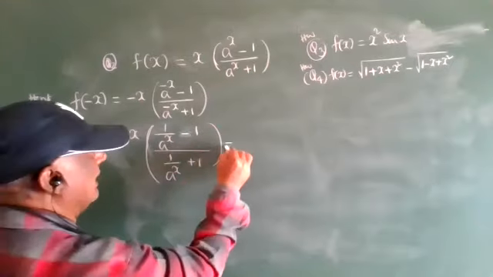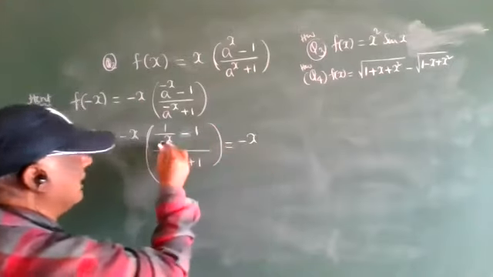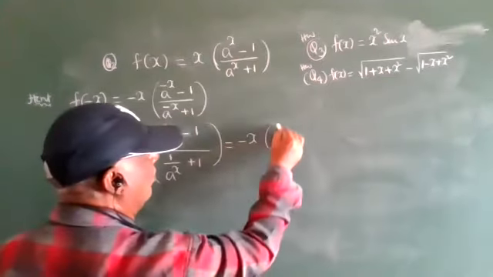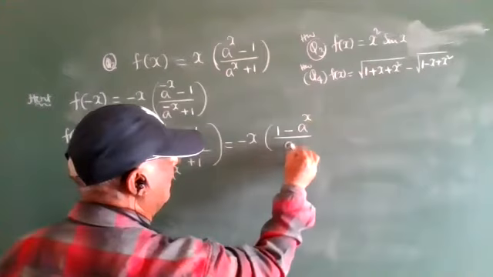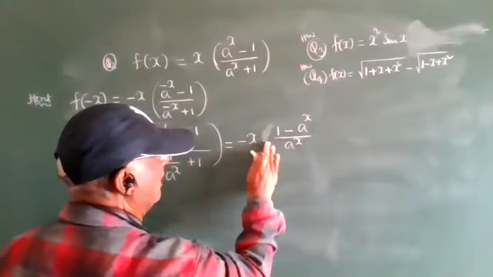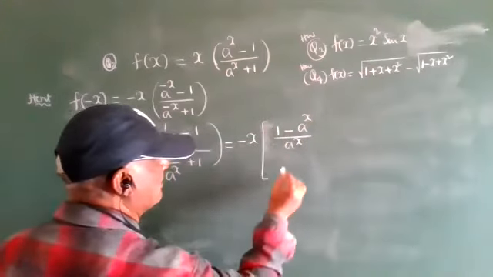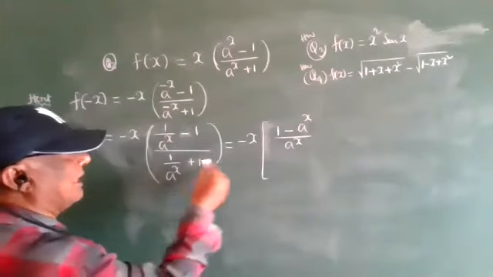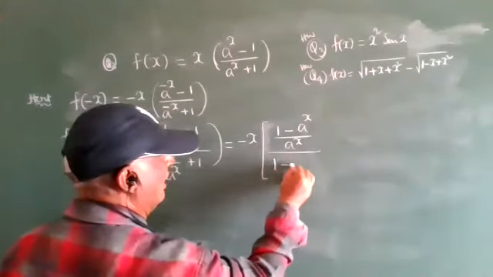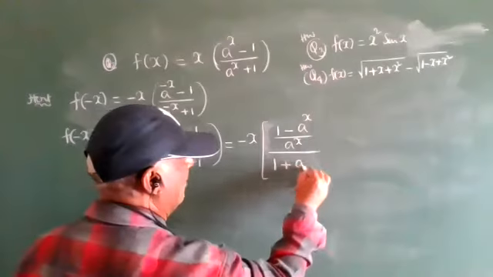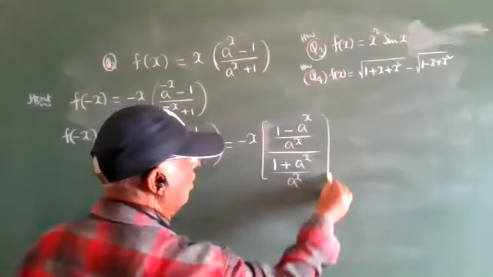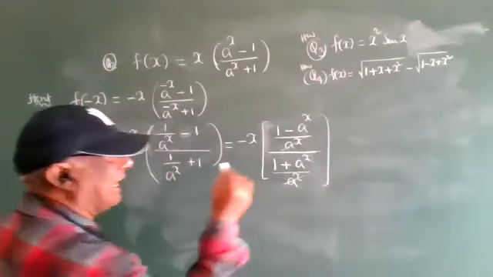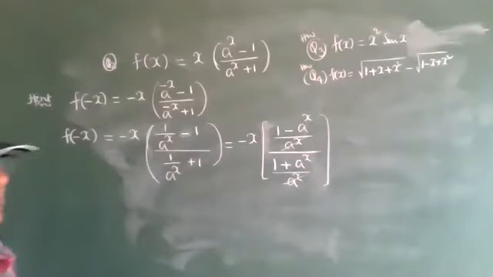Take the LCM, everyone. So minus x into (1 minus a power of x) by a power of x, and here also take the LCM, (1 plus a power of x) by a power of x. Both LCMs should cancel.